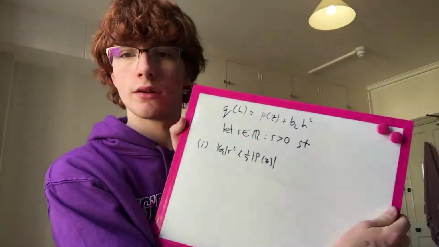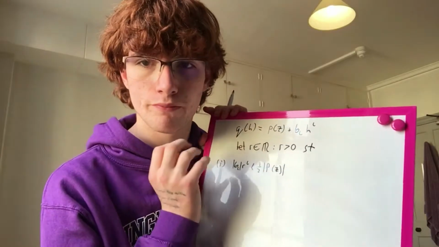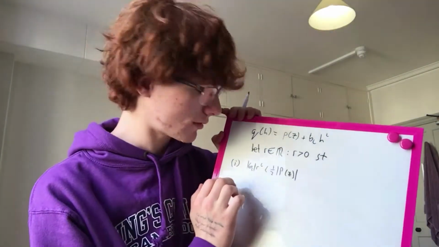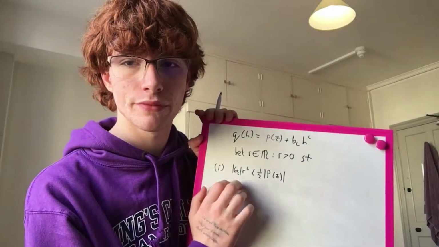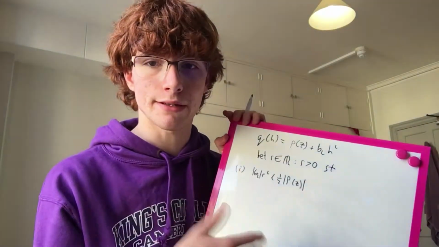So, take this minimized value of p of z, divide it by 2, and then create an r small enough that r to the L times the absolute value of b of L is smaller than it, which is very easy to do.